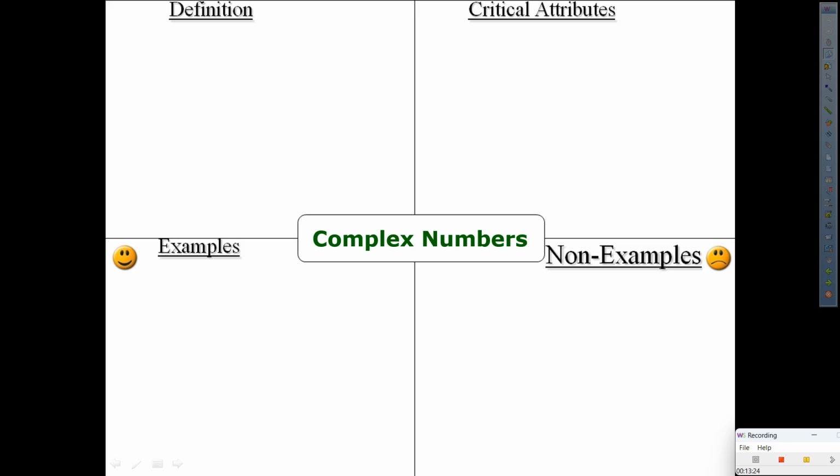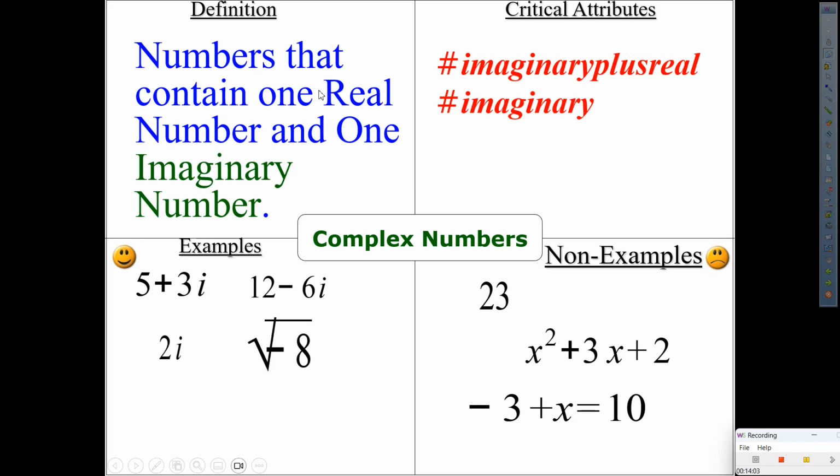Caitlin, of course, got this. But let's go with Joseph. What are complex numbers? It's a number with a what? Imaginary and a real number. That is correct. A number that contains a real number and an imaginary number. We've been looking at those already, working with those.